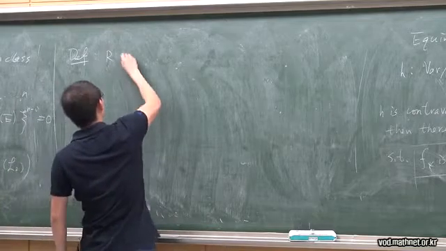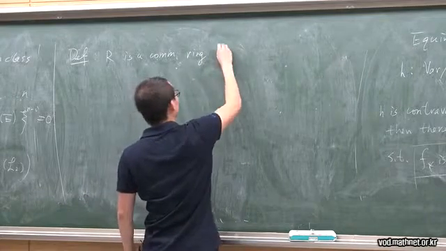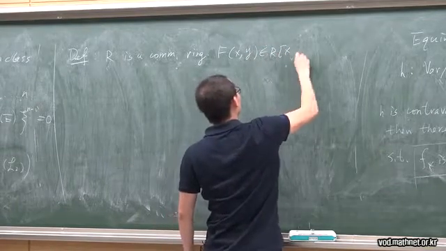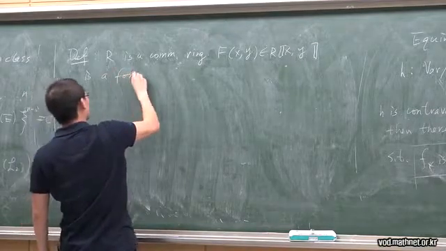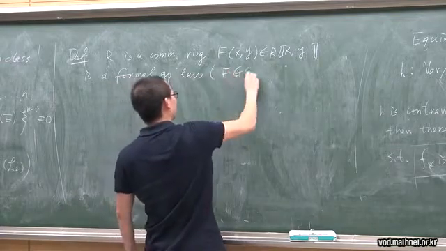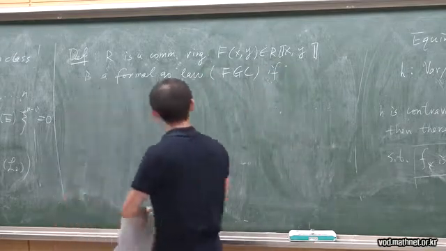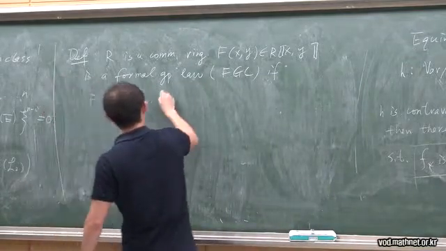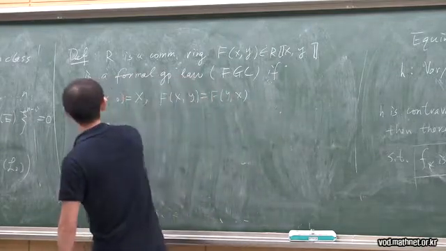So if you have R a commutative ring, and F a formal power series, it is a formal group law, which later on I will just write as FGL for simplicity, if it satisfies the conditions to be a group, that is F(x,0) equals x, F(x,y) equals F(y,x), and most importantly, associativity.